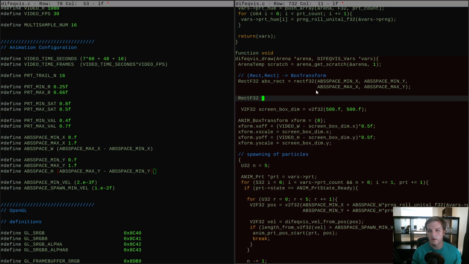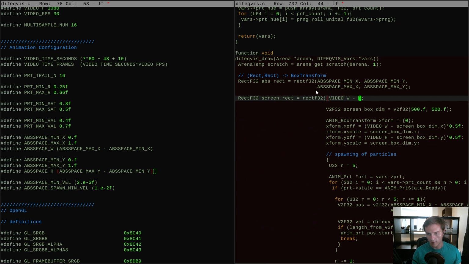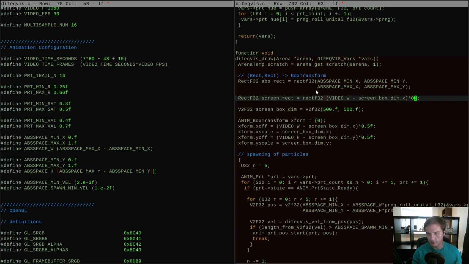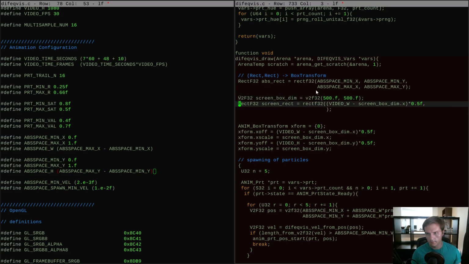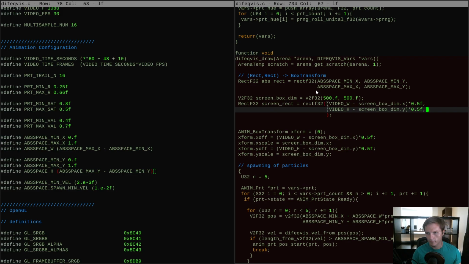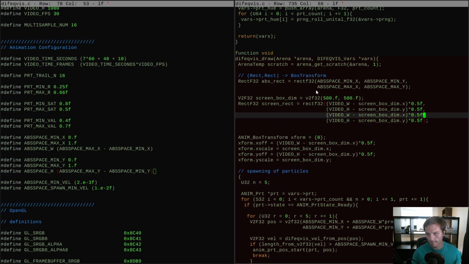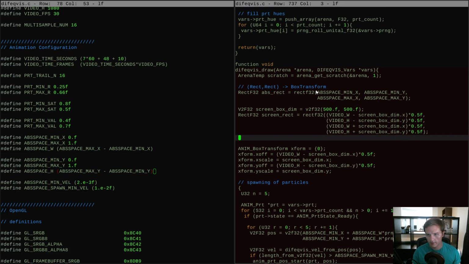Abstract. So that's the abstract rect, and then we're going to do screen rect equals video width minus screen box dim.x times 0.5, video height, dim.y, plus.